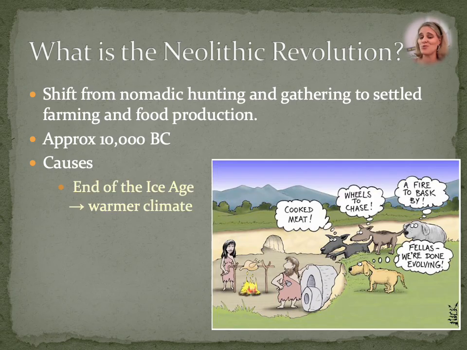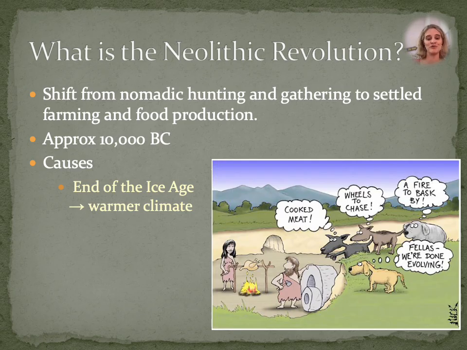So there's some causes. Why did this happen? During the years leading up to this, the Earth is in what's called an ice age, where global temperatures are much colder and food is much harder to find. As the ice age starts to end, the climate gets a little bit warmer and becomes a little bit easier to farm and produce food.